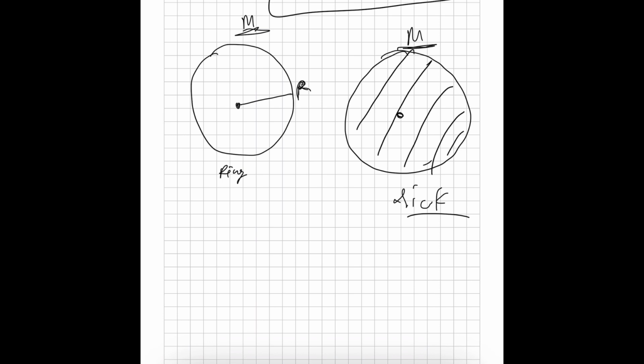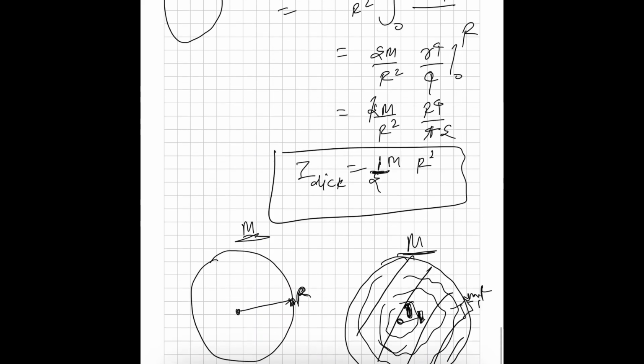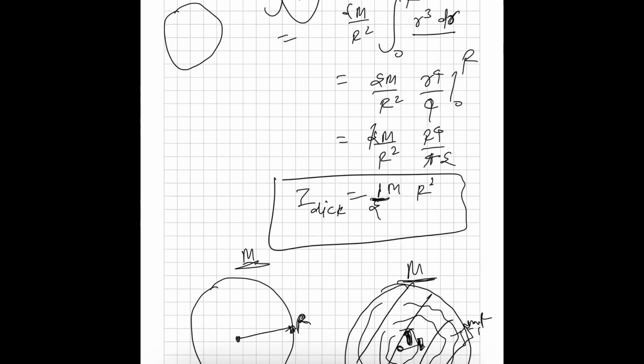In the ring, all the dm masses are at capital R distance, but in the disk, there are dm masses that are not at capital R distance. So there is a distribution, and that's why we are getting this half M R square.